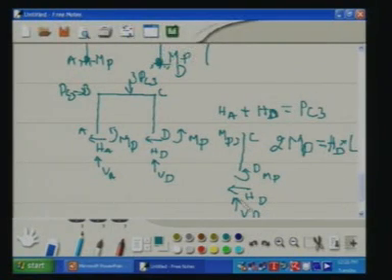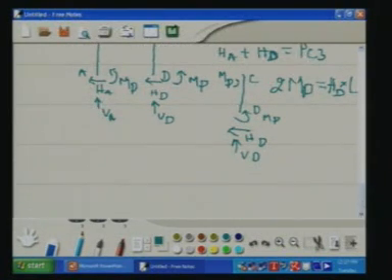Here the vertical reaction will not come into the picture, because we are taking moment about point C, and the horizontal and vertical reactions at point C are also not coming into the picture, since we are taking the moment about point C, so all these values will be equal to 0. So from here we can calculate the value of HD.